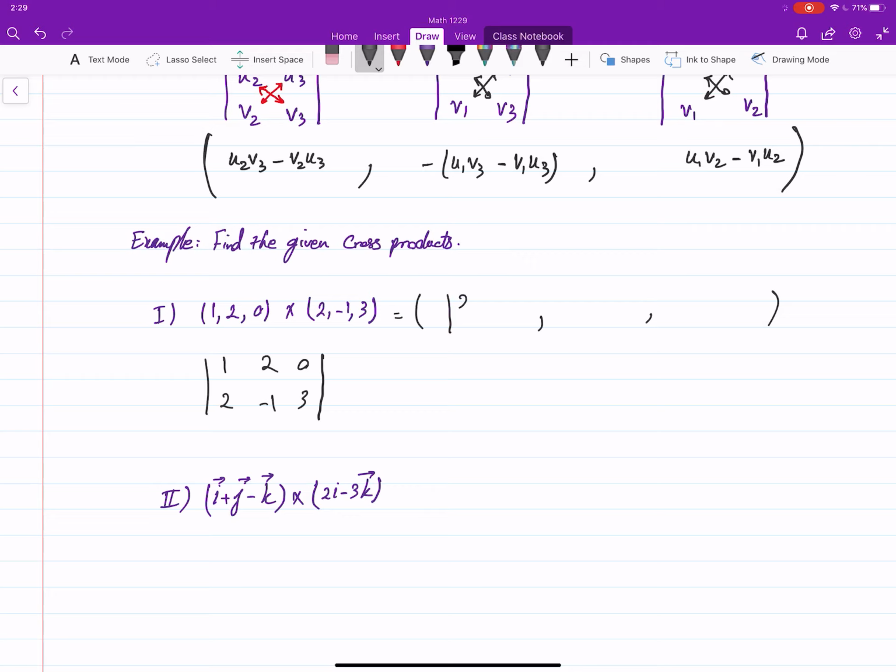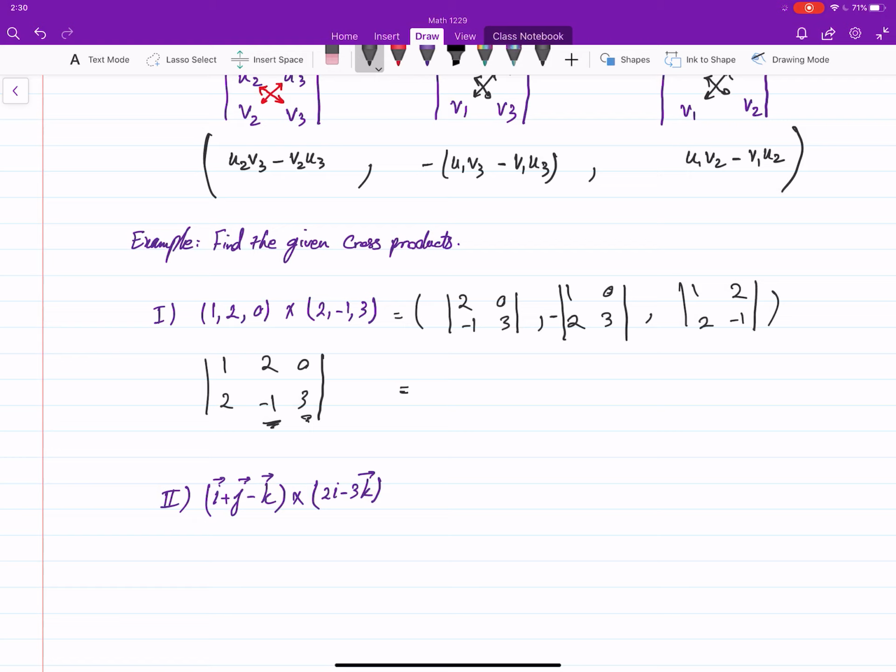This will give us 2, 0, negative 1, 3. For the second one, ignore the second column, so it will be 1, 0, 2, 3. But don't forget to put a negative sign there. For the third one, you put 1, 2, 2, negative 1.